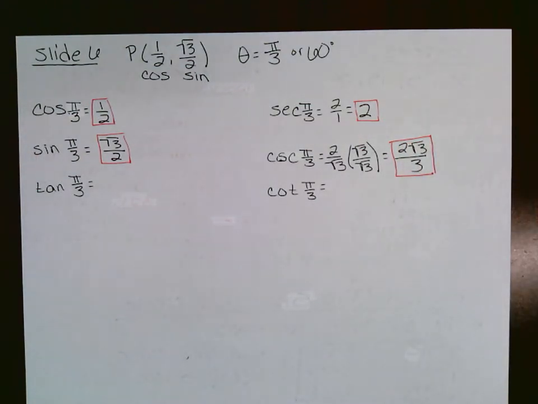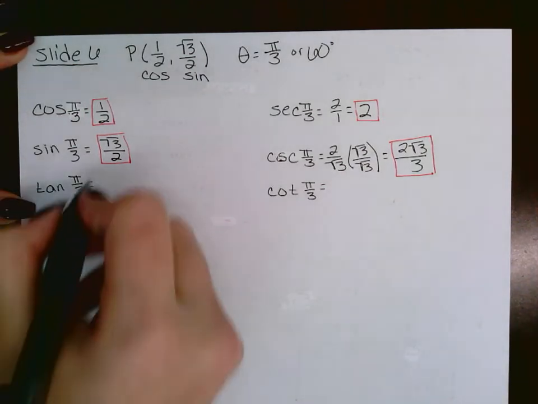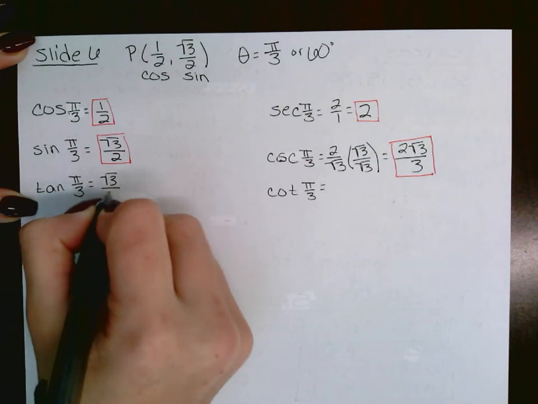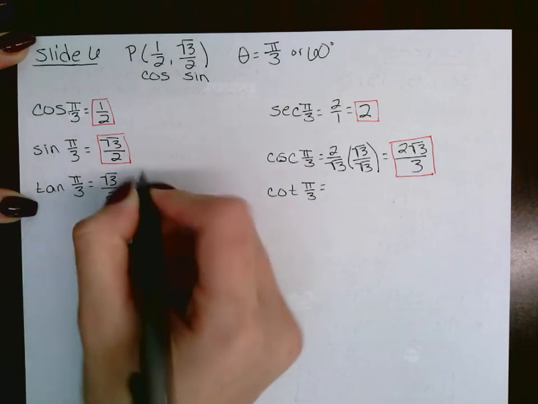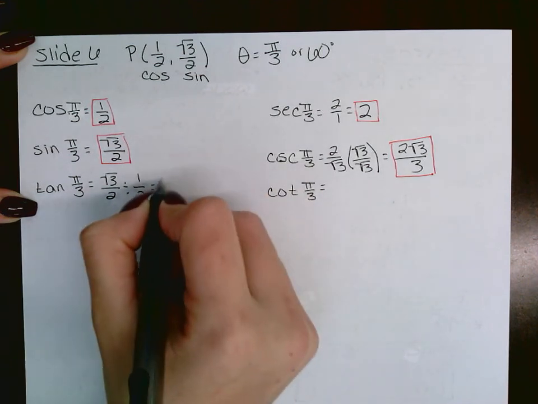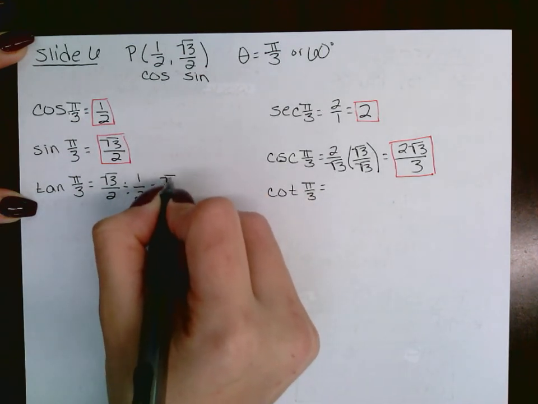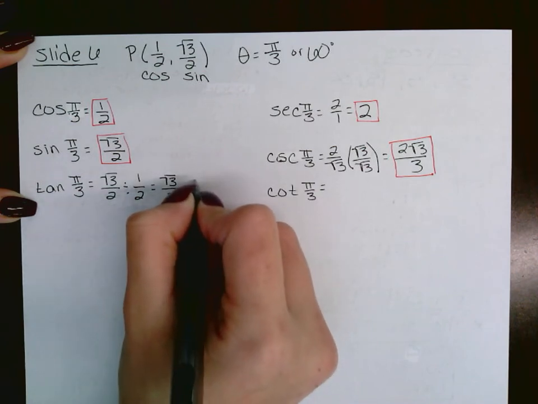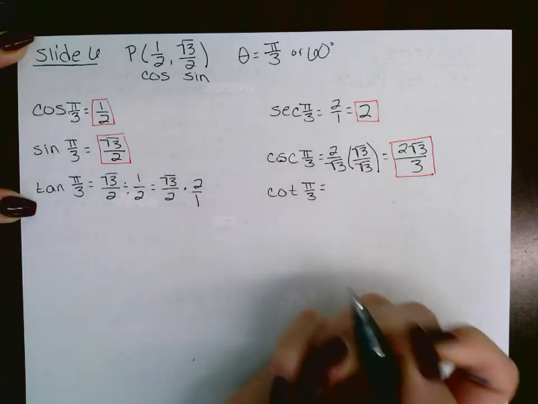Raise your hand if you were confident about those 4. Nice. All right, tangent is sine divided by cosine. So I'm going to write horizontally my sine divided by my cosine. I'm dividing fractions, so I'm going to multiply by the reciprocal. I'm going to keep the first one, change the multiplication, and flip.